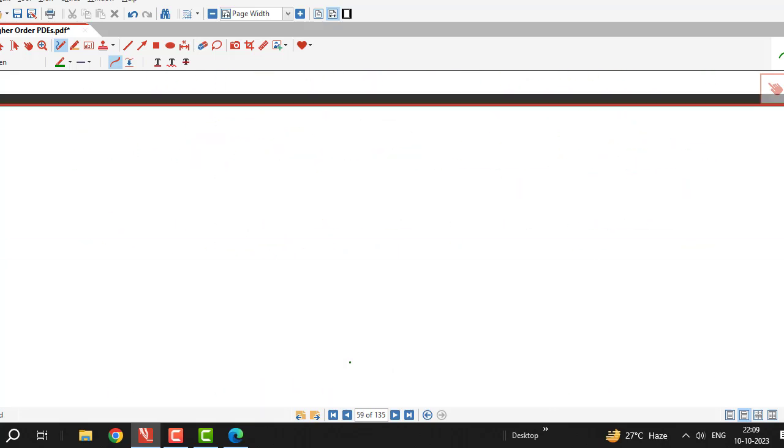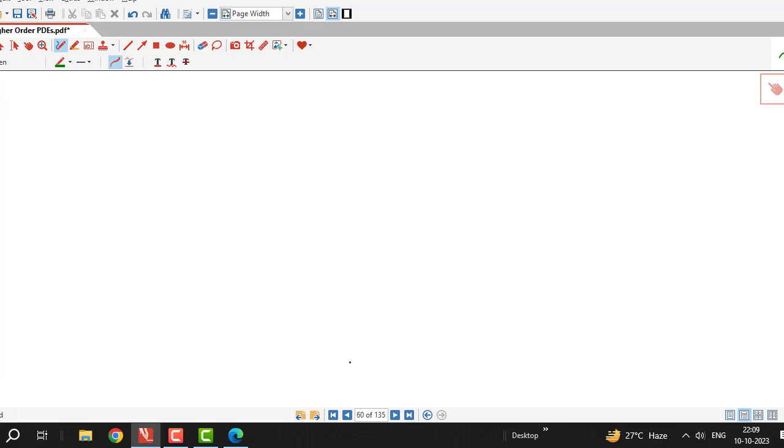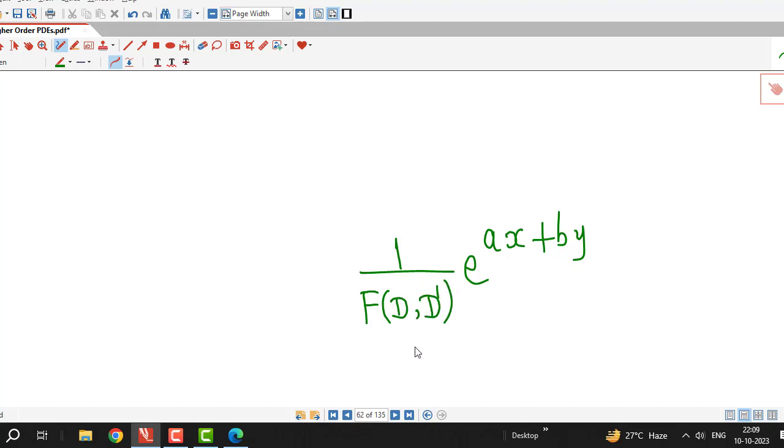So in this way we can decide the general solution of a non-homogeneous linear PDE with constant coefficients if the right hand side function is e to the power ax plus by, and we will remember that the particular integral is given by replacing D by a, D dash by b in F(D, D dash), provided F of (a, b) is non-zero.